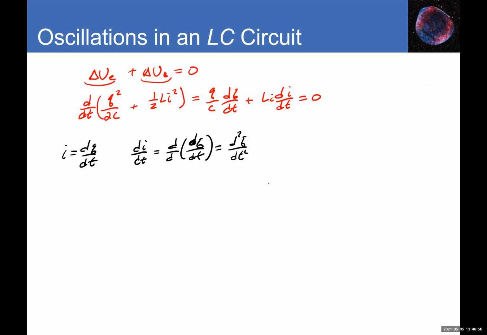So this can be replaced by d squared q over dt squared. Then if I write it down in terms of q, we get q over C times dq/dt plus L i d squared q over dt squared equals 0. So basically what we can see here is pretty much an oscillation, right?